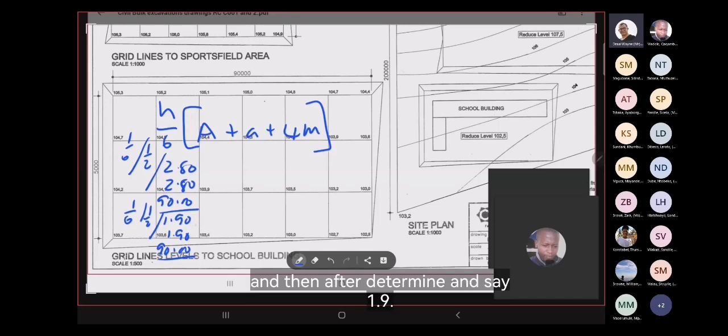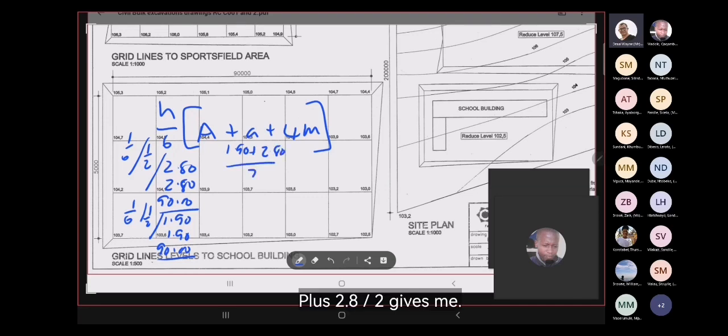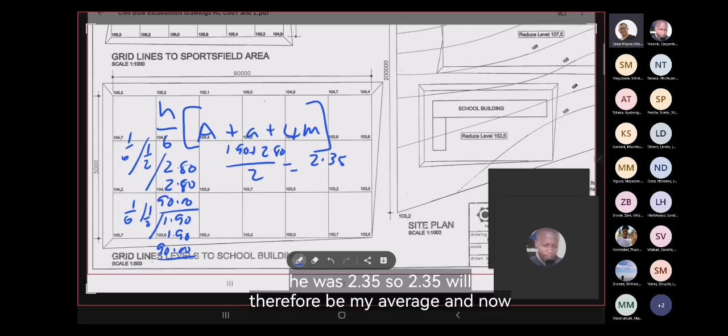And I then have to determine 1.9 plus 2.8 divided by 2, which gives me 2.35.